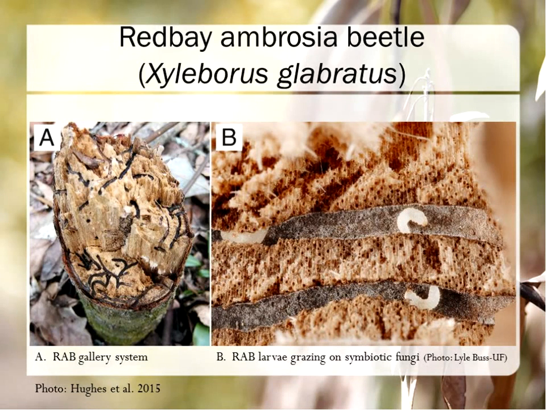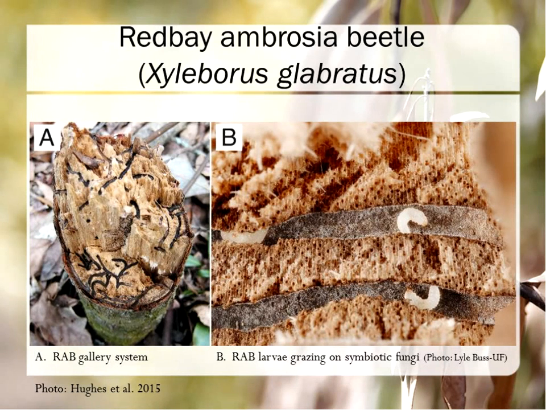And that's where they lay their eggs, and that's where their young feed on the fungus within the gallery walls, and they generally spend the majority of their life within these trees. They generally only leave to go find a new tree to infect. So controlling the insect itself is a hard task to do.